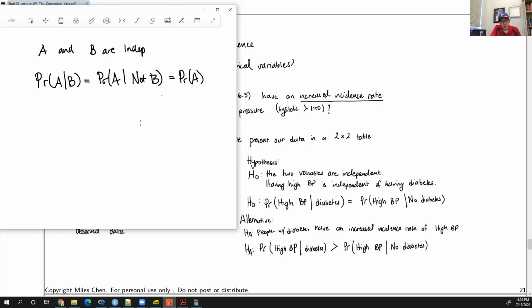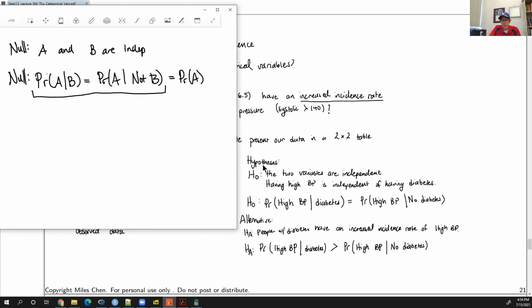And so this is going to be the formation of our hypotheses. Basically our null hypothesis is going to be that events A and B, whatever we're talking about, are independent, and we're going to write out the null hypothesis using this part right here.